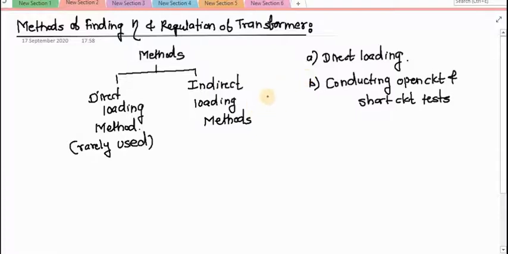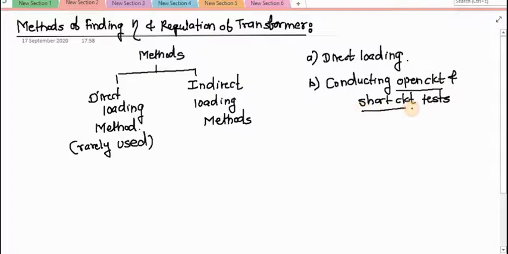So the OC SC test is the indirect loading method of finding out the efficiency, the regulation, or the performance of the transformer. Also, in the indirect loading method, very small power is required to carry out this test. Which test? Open circuit and short circuit test.